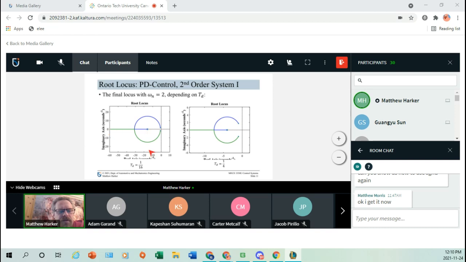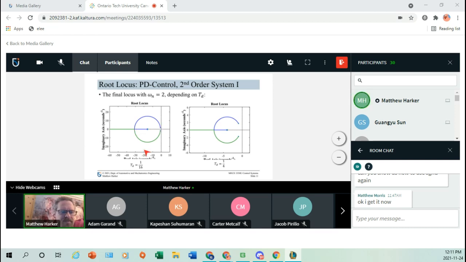If we set TD to even smaller values, starting at 0, our locus would be way over here, and as soon as we add a tiny epsilon of TD, our zero is going to be way over, near minus infinity, and that circle is going to be very, very large, but we'll meet again at that double point.